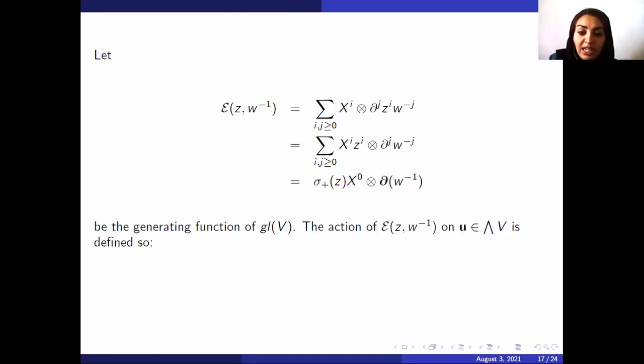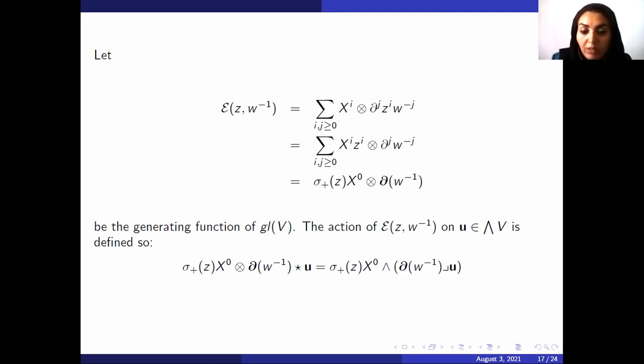Now, the action of this generating function on element U is defined like so. Sigma plus Cx0 tensor delta W minus 1 star U is defined by this. First, you contract delta W minus 1 and U, and then you wedge with sigma plus Cx0.